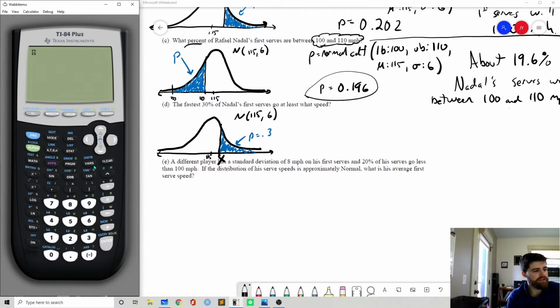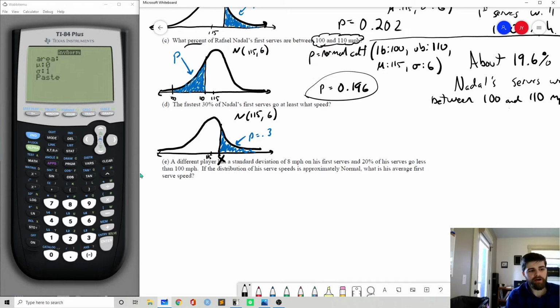So since we're working backwards, we're going to use a slightly different tool in our calculator. Instead of normalcdf, we're going to use inverse norm. Inverse norm allows us to input an area and get out an observation. But you want to be really careful. On this version of the software, we only have one option for area, and it's always the area to the left of our observation.